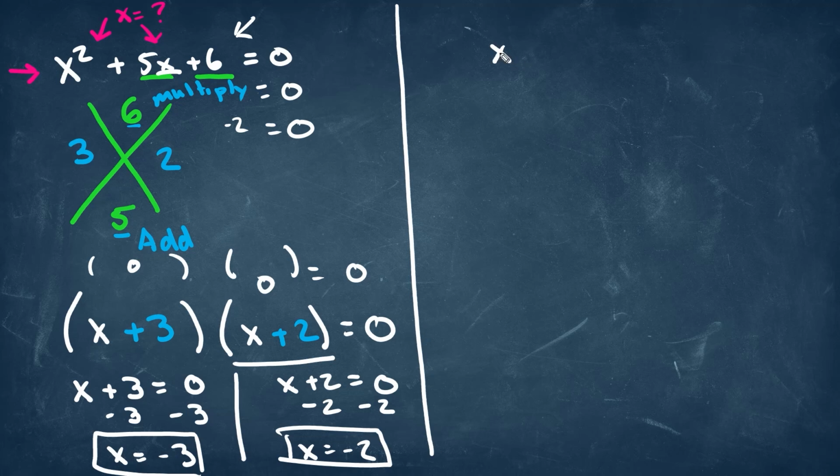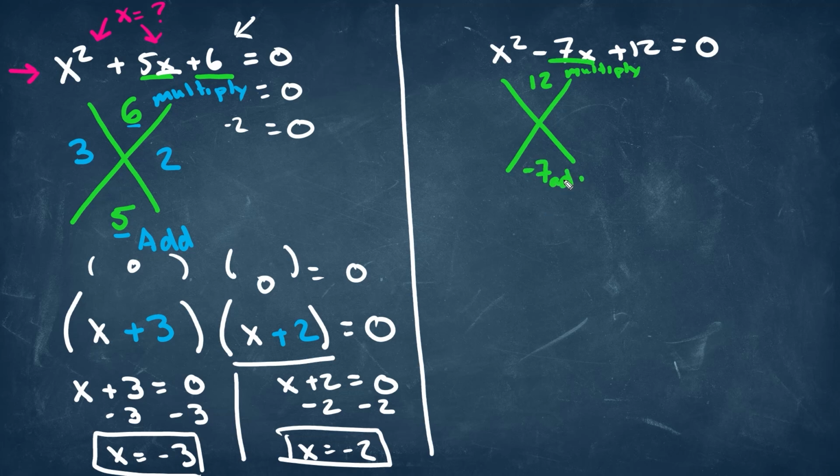For this one, we're going to have x squared minus 7x plus 12 is equal to 0. If we do the diamond method again, we're going to put the value at the top, which is what we need to multiply by. And the middle variable here, this minus 7, will go on the bottom, and we want to figure out something that adds to it. These two numbers are going to be negative 3 and negative 4.